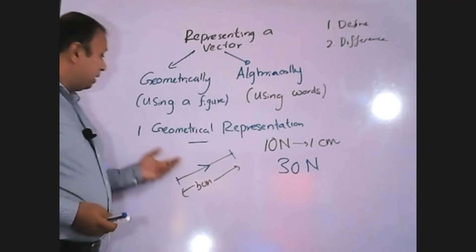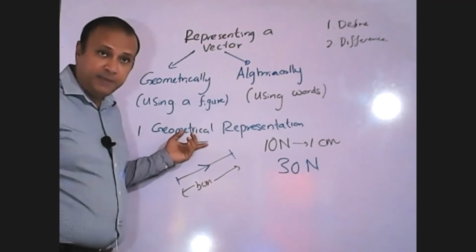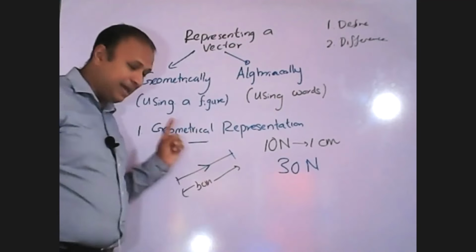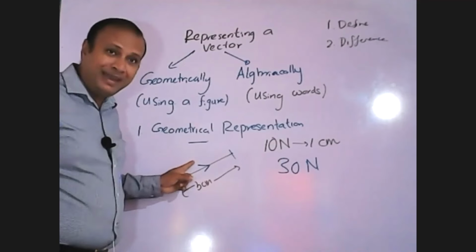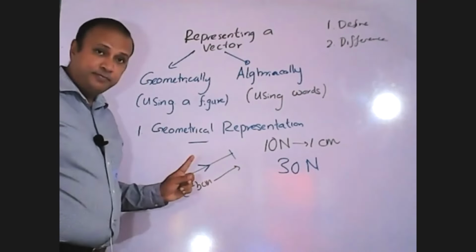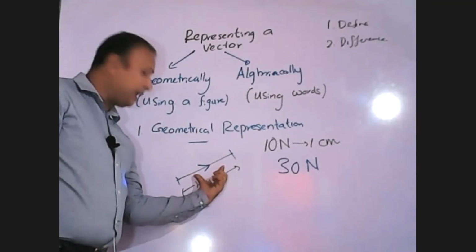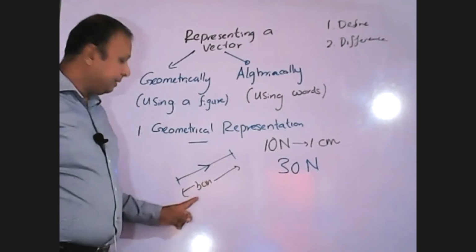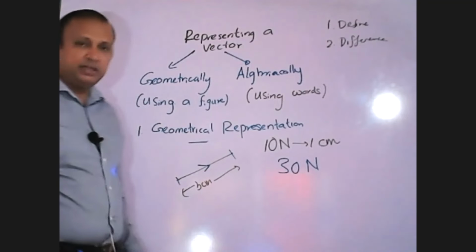So, how to represent a vector using a geometrical way? In this case, we have to draw a line segment in the direction of the vector, and we have to put an arrowhead in the direction of the vector. Then the length of the line segment should represent the magnitude of the vector.